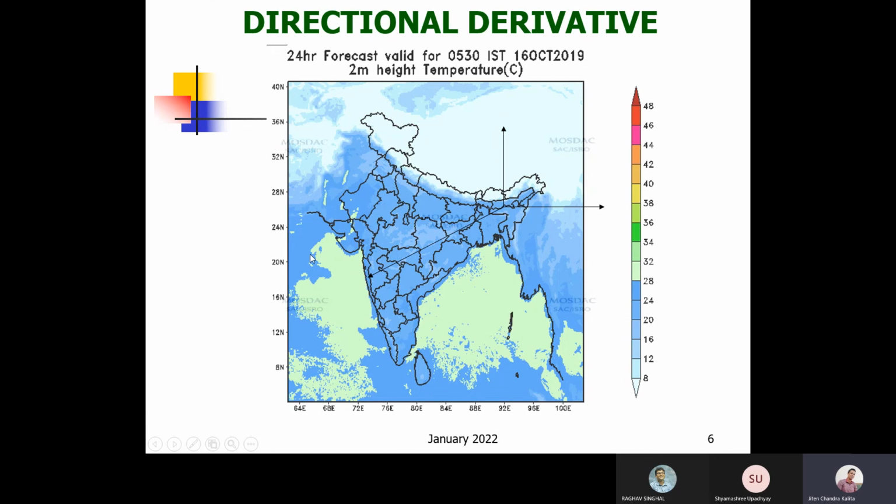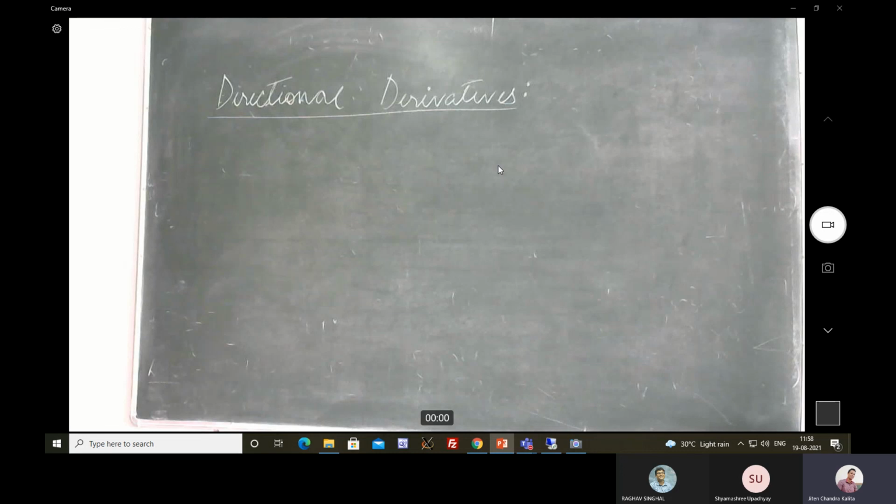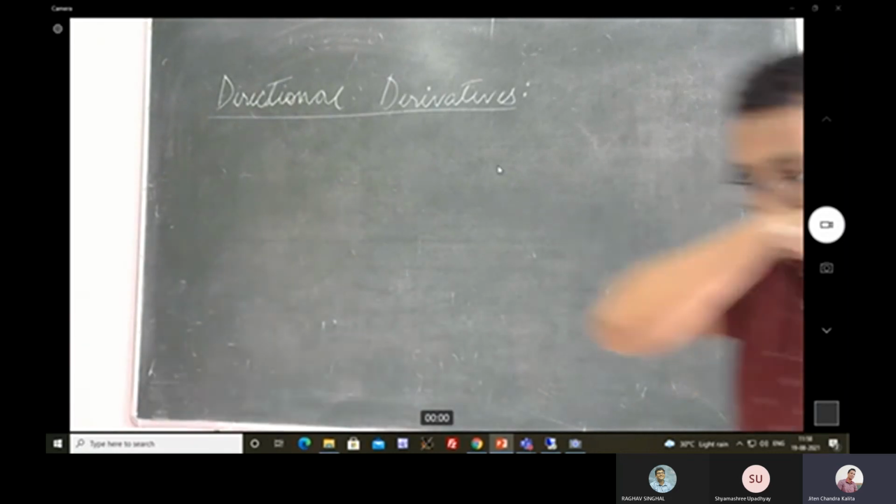So this is where the concept of directional derivative comes into the picture. Basically we'd like to find the rate of change of some variable along an arbitrary direction, and that variable may be a function of two variables, three variables, or more.